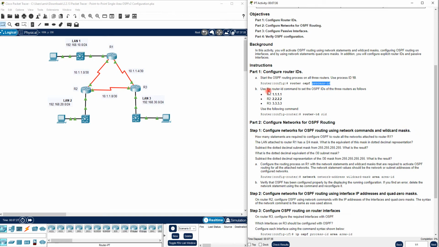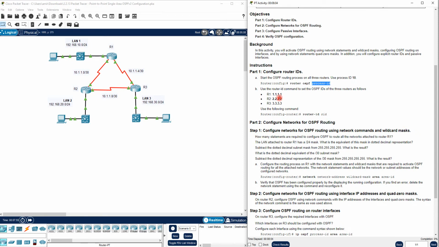After that, also use the router ID command to set the OSPF IDs of the 3 routers as follows. For example, router 1, router 2, router 3: 1111, 2222, and 3333. Every router requires a router ID. Why? Because they want to participate in the OSPF domain, and it's like a requirement.